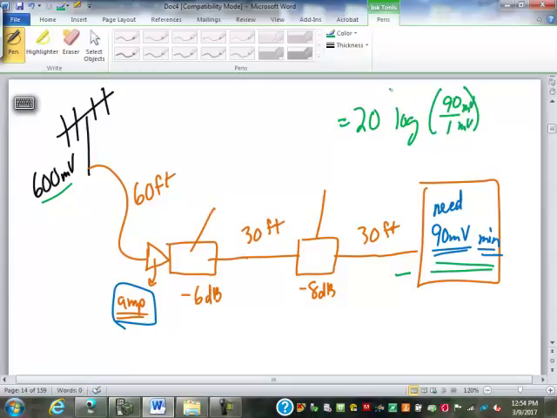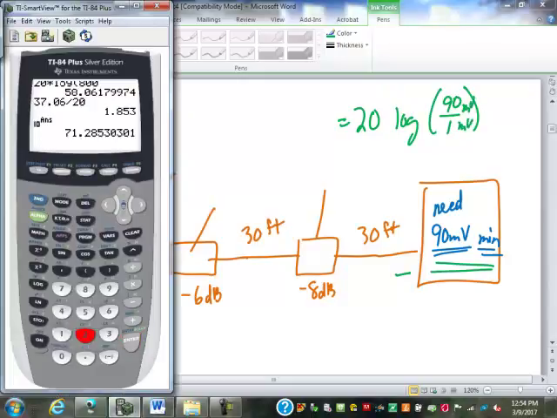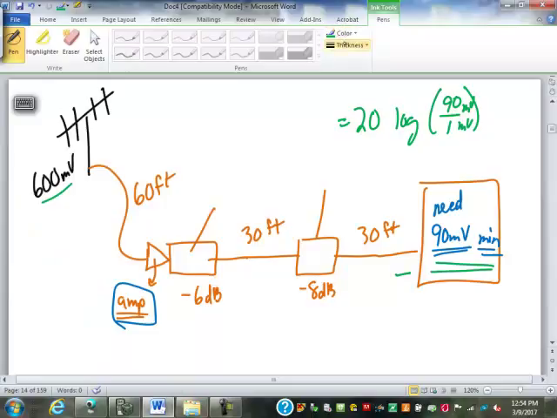So 20 times the log of 90 over 1. 39.08. So we require 39.08 dB of signal here.